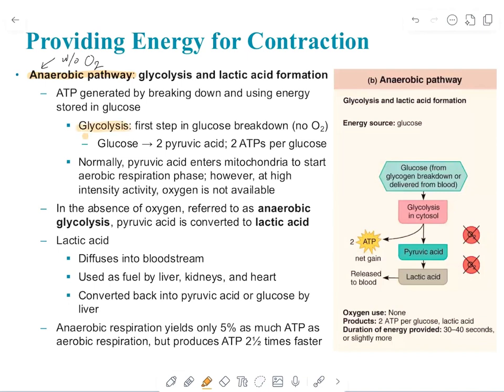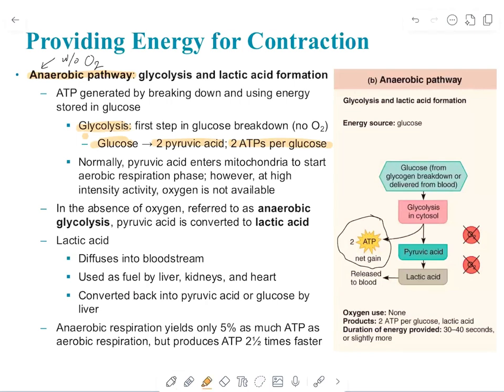You don't need to know all the steps of glycolysis. But glucose is eventually converted to two pyruvic acids, and the net result is that two ATPs are produced because of that reaction. So it produces a little more energy than the creatine phosphate, but not that much.